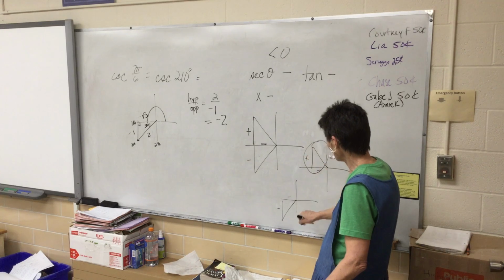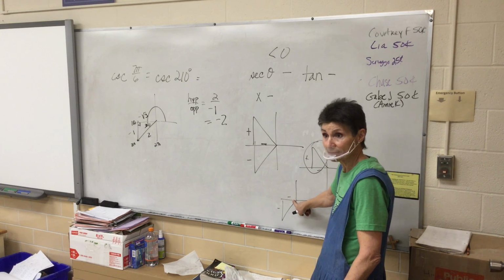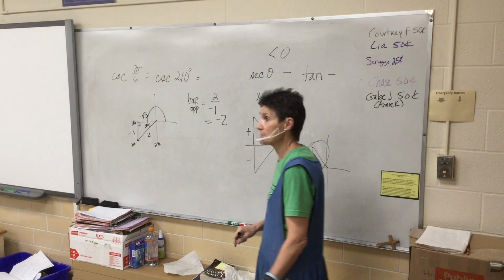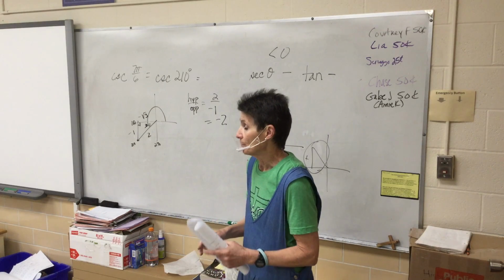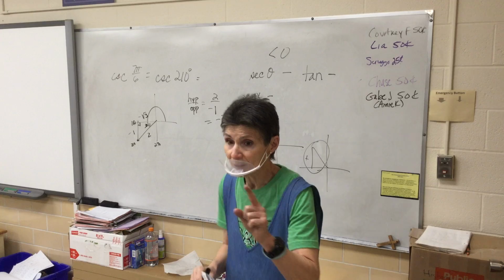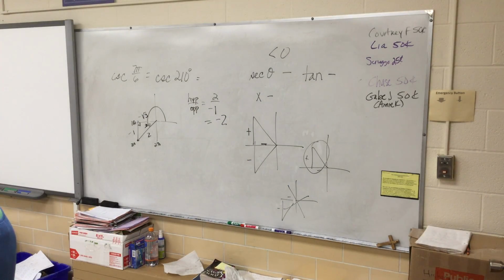Here, opposite over adjacent would be positive, so that isn't what I want. So the answer to the question is quadrant 2. Those are easy problems if you remember that cosine is x and sine is y.